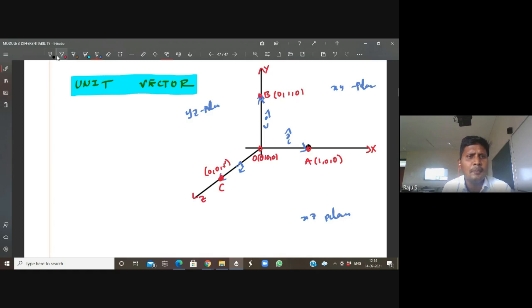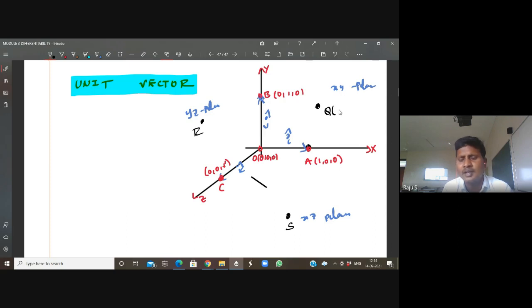If we take any point on the xy plane, I'm going to take this point as Q, in the YZ plane I'm taking R, and in the XZ plane I'm taking S. So what about the point Q in the XY plane?